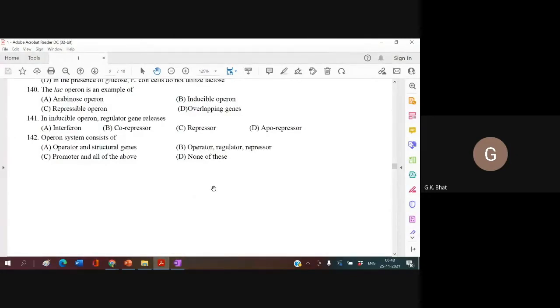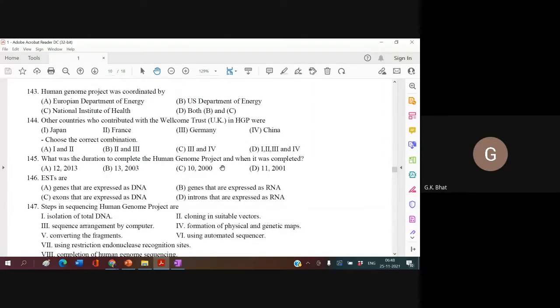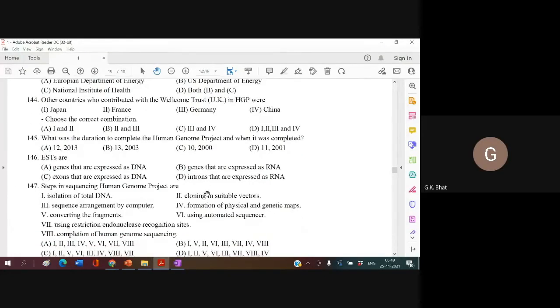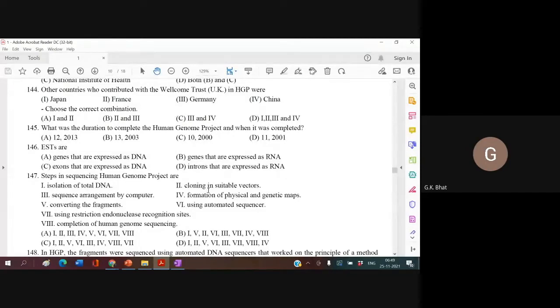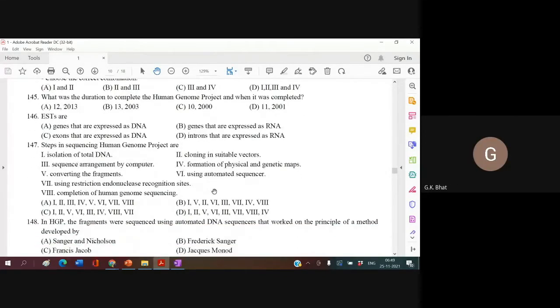Operon system consists of all of the above. 143. D. 144. D. 145. B.